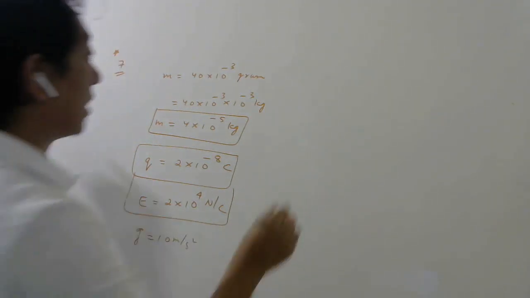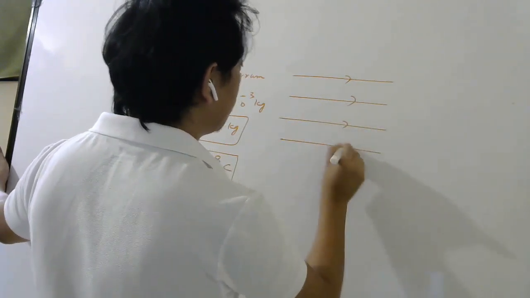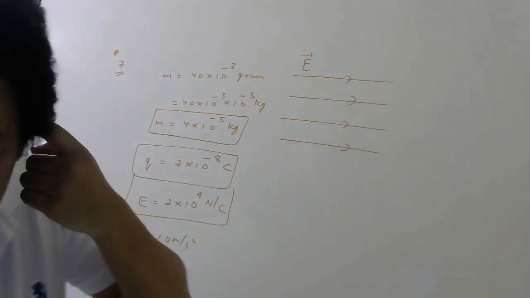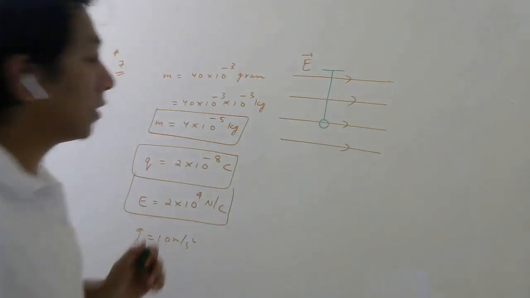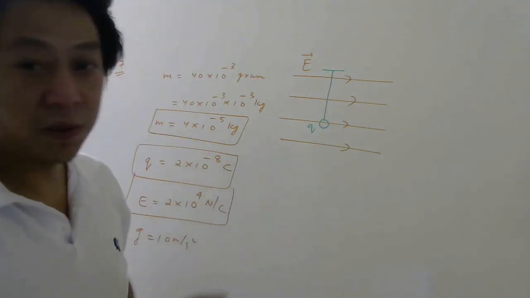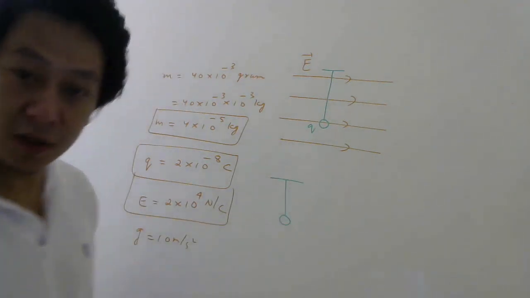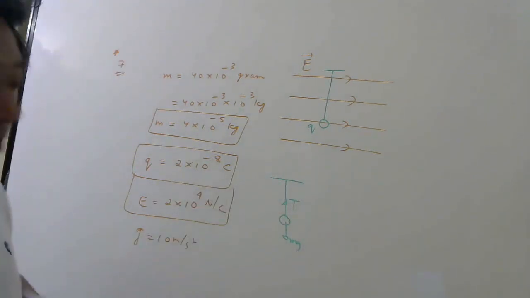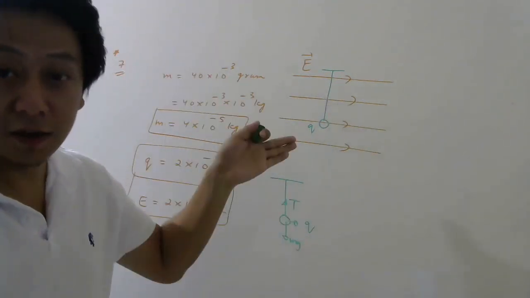So see, they are saying there is a uniform electric field. Let us imagine a uniform electric field, horizontal this way. Now in this uniform electric field, if you put a pendulum and put charge on the pendulum, then that pendulum will not be in equilibrium in this position. Usually pendulums stay this way in equilibrium, yes or no? Because mg is balanced by tension. But in this problem, the bob of the pendulum has charge and you are keeping it in an electric field.